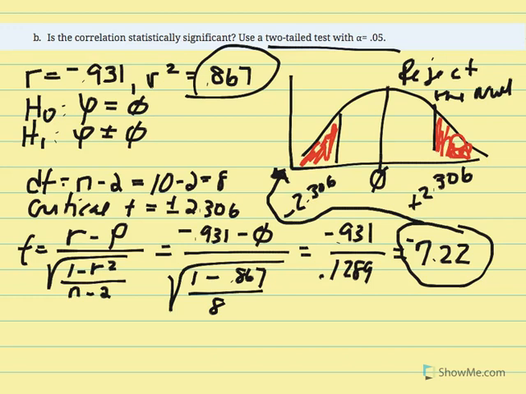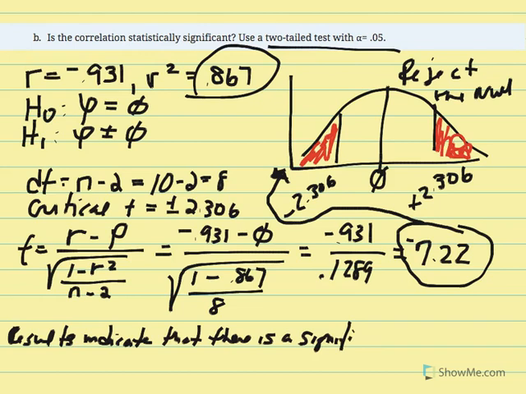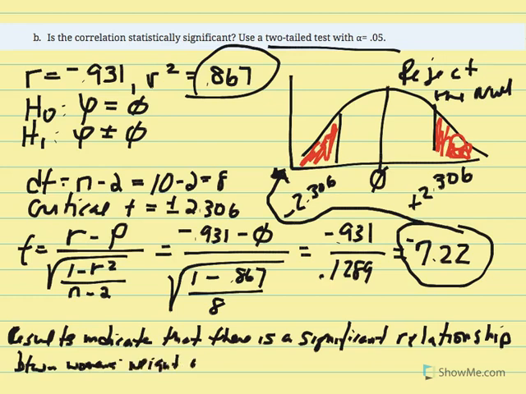We know we're going to reject the null, and results indicate that there is a significant relationship between women's weight and income.